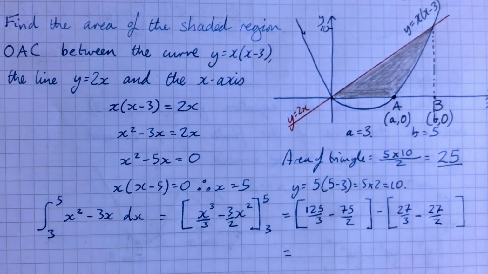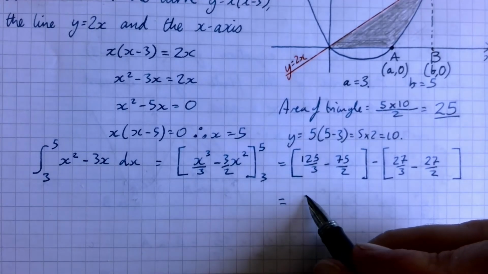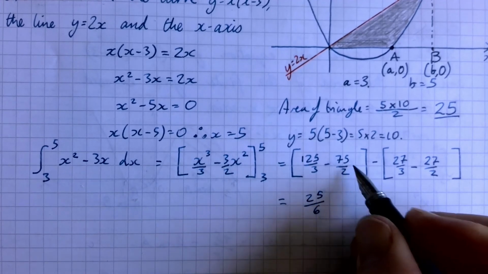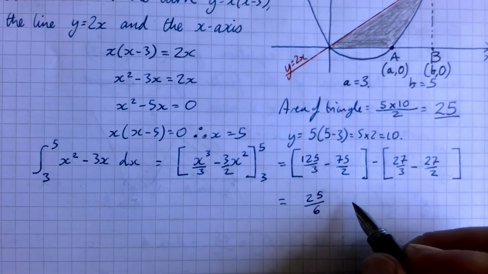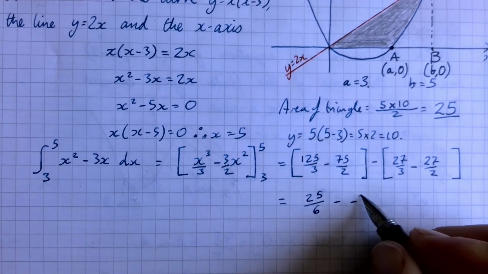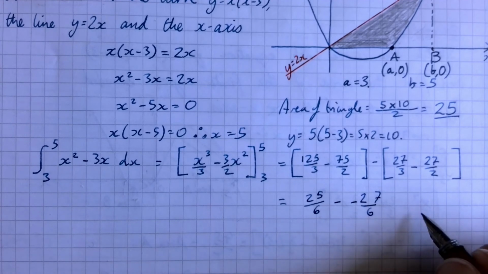Sort out those fractions, gives us 25 over 6 for this one, and for the other it's giving us negative 27 over 6, which we can then add together.